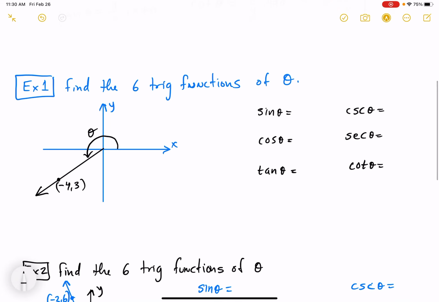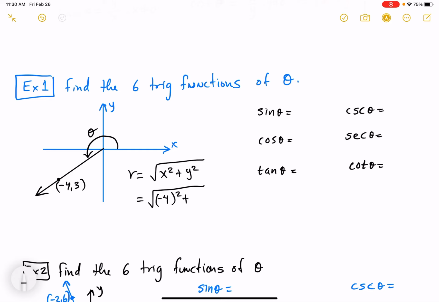If you look at example number 1, we're supposed to find the 6 trig ratios or functions of that angle. The first thing we need to do is find r. So r is the square root of x squared plus y squared, which is negative 4 squared plus, and I just noticed there's a mistake here.